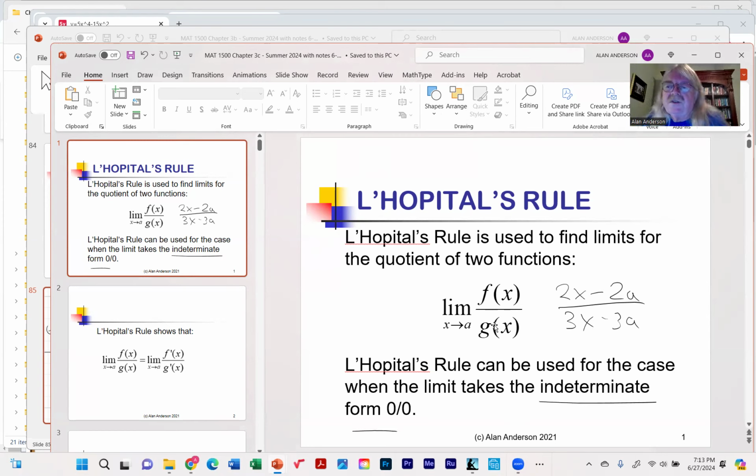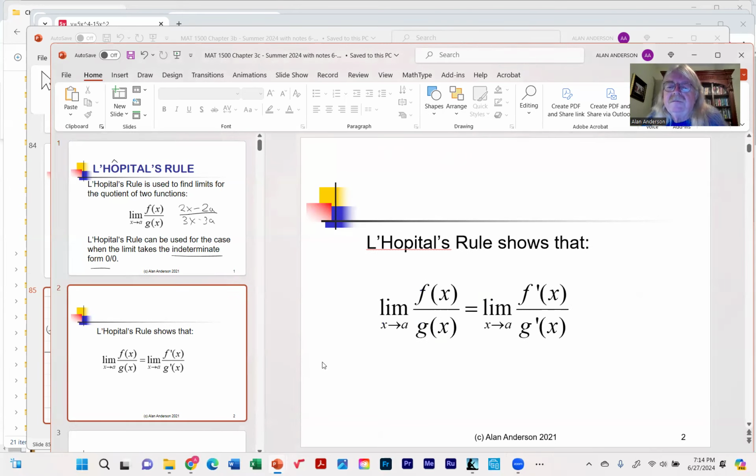When you run into 0 over 0, you might be tempted to panic. But this is why we have our friend L'Hopital's rule. Now, L'Hopital, obviously, it's a French name. There's actually a missing accent here. And L'Hopital, of course, is the mathematician who invented this rule. And basically, it's a very straightforward rule. When you run into 0 over 0, here's what you can do.